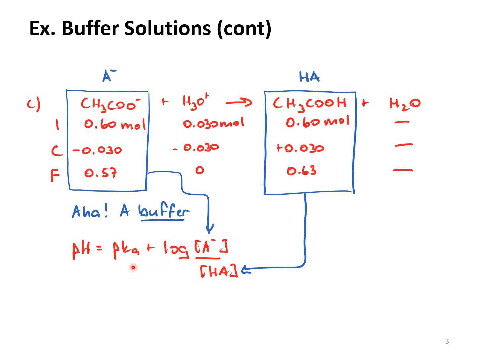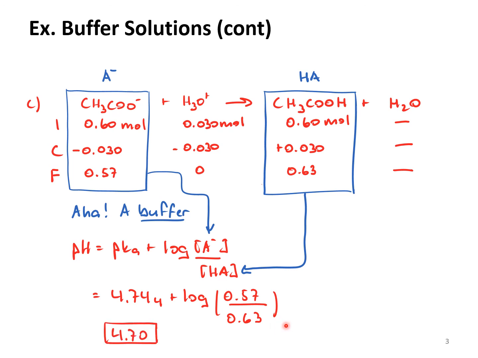The last step is to write down the value for the pKa, but again this was done in part A, and so we just substitute in all the values and we get the pH equals 4.744 plus log of 0.57 divided by 0.63. And plugging these values into our calculator gives us a pH of 4.70.